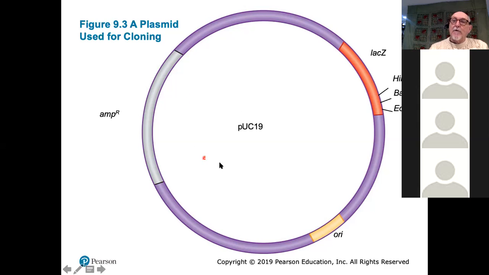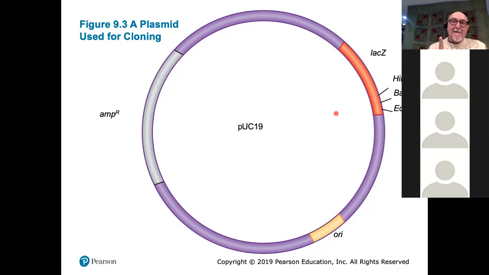Simple. We grow them on ampicillin plates. If they grow, they've got the plasmid. If they don't grow, they're dead, and they're dead because they don't have the plasmid. They aren't resistant. This is their only source of resistance, the plasmid that we put in. So that's one step. That tells us that we've got bacteria with plasmid in.